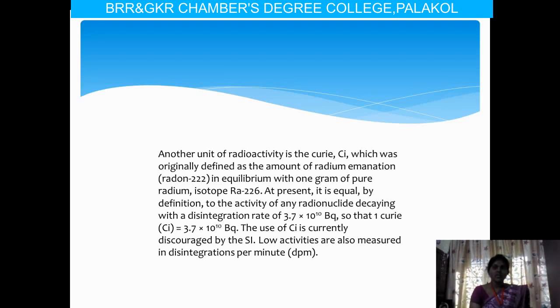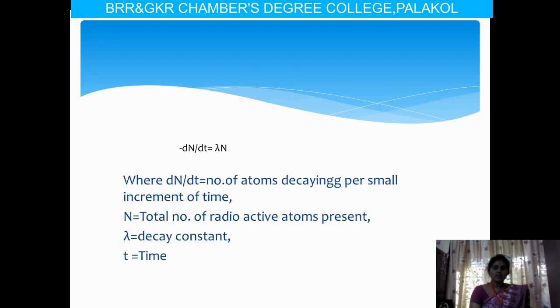So 1 curie is equal to 3.7 times 10 to the power 10 Bq.